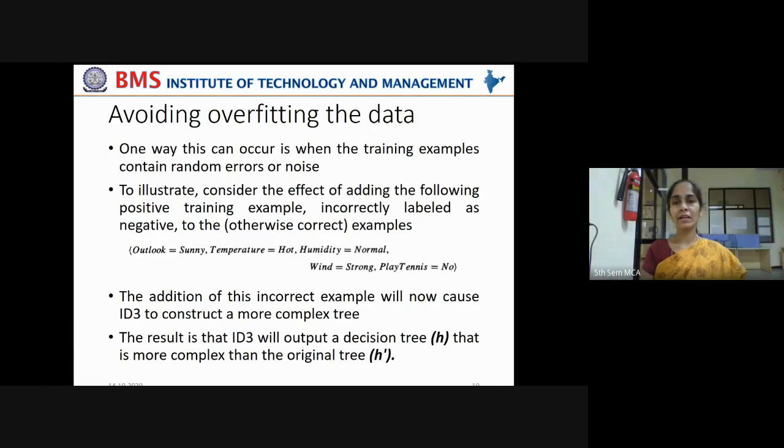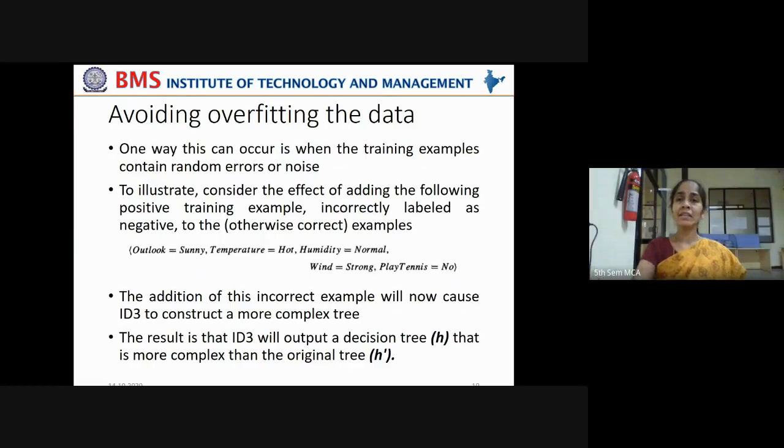Now, one way this can occur is when the training examples contain random errors or noise, right? Say in your previous case, your decision tree has two levels, but if there is some noise in the data, there are too many categories under the attributes, and there are outliers under the attribute values.